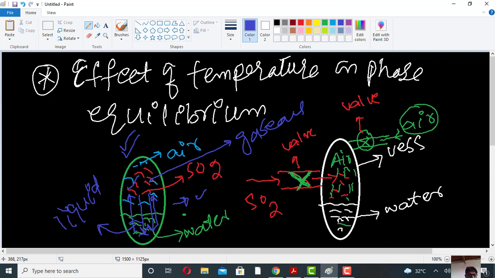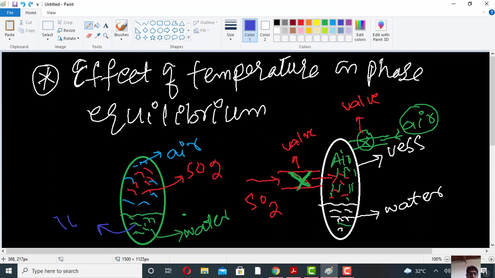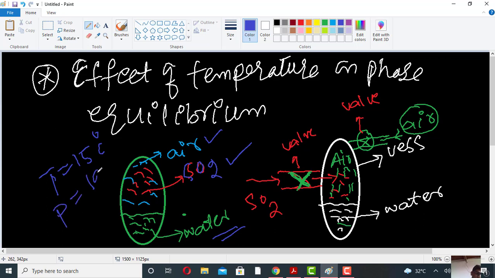So let's consider this system. This is the sulfur dioxide, and this is the air, sulfur dioxide and water. Suppose the system is at 15 degree C and 1 atm pressure.